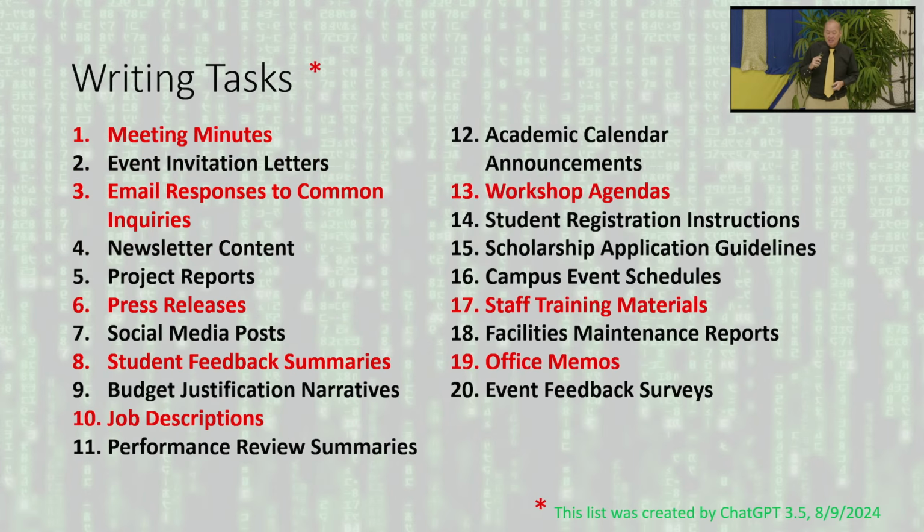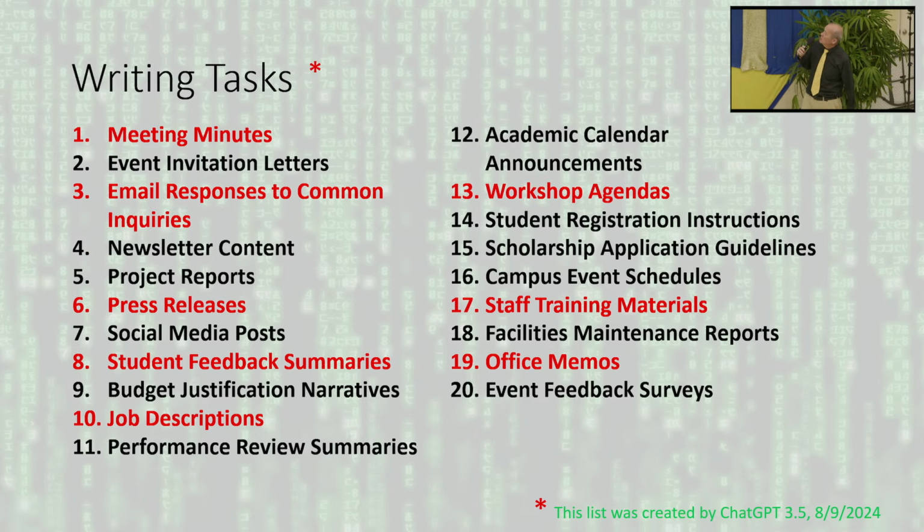But then I asked it for writing tasks in general. So not necessarily associated with research, just things you might do as a university professor that involves writing. I said, give me a list of those things where AI could help. And I didn't change the order of them. So meeting minutes came up top. That made perfect sense to me.